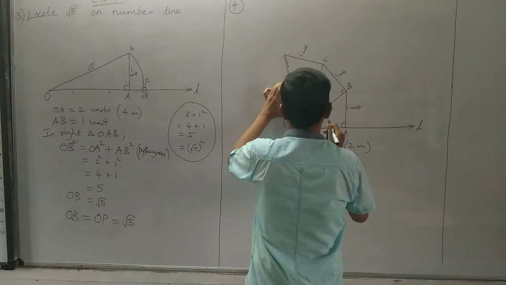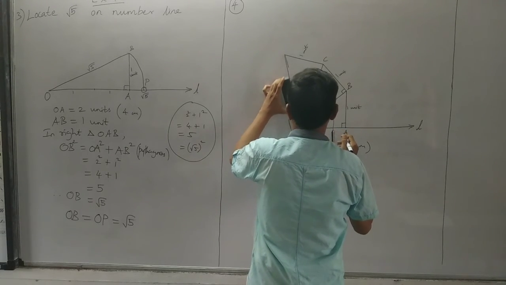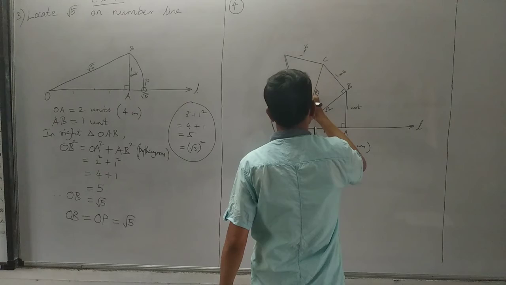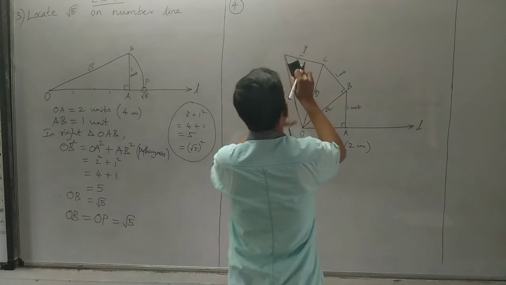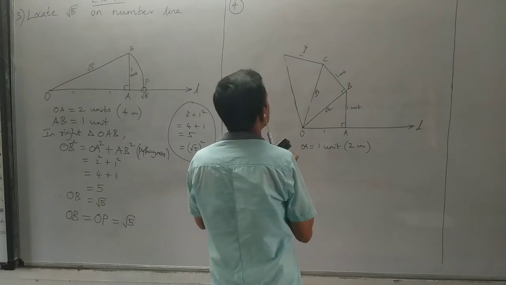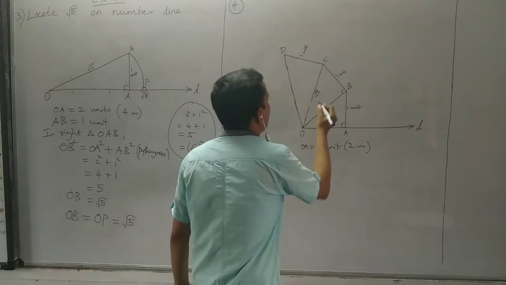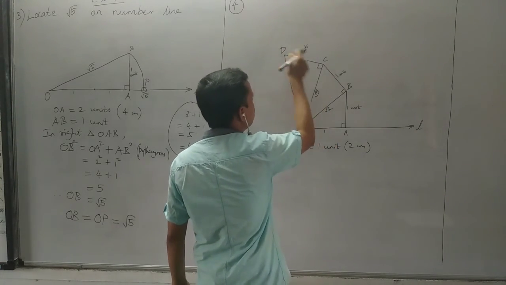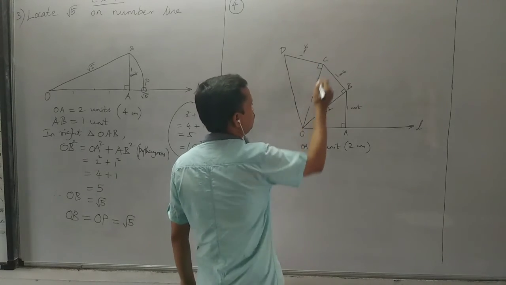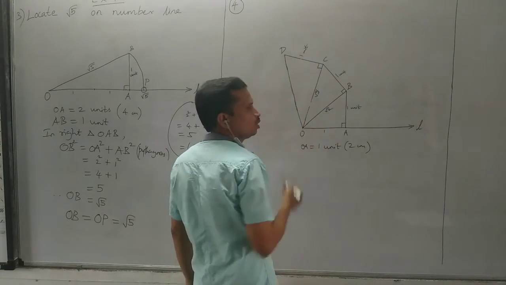Okay. You see how it's coming? So this is OD and this is the perpendicular. Always here 1 unit only. So draw a perpendicular to OC, that is CD, and take 1 unit.